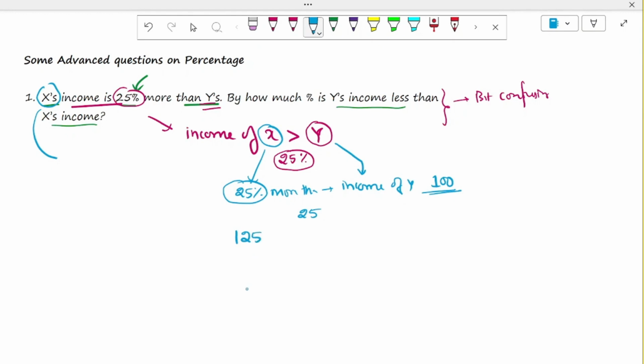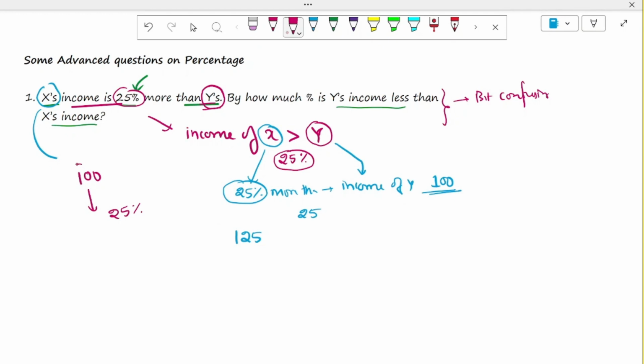The first sentence says that X's income is 25% more than Y. So what I did was directly consider Y's income as 100, and since X has 25% more income than Y, you need to find 25% of that.